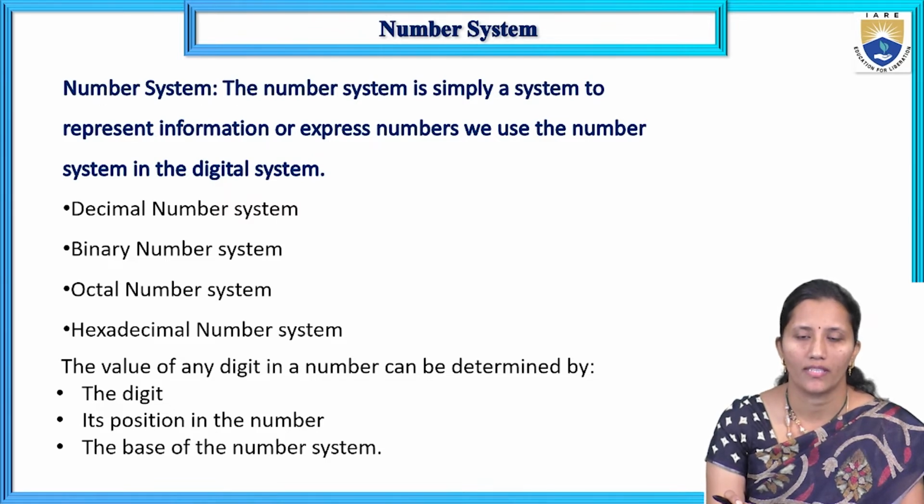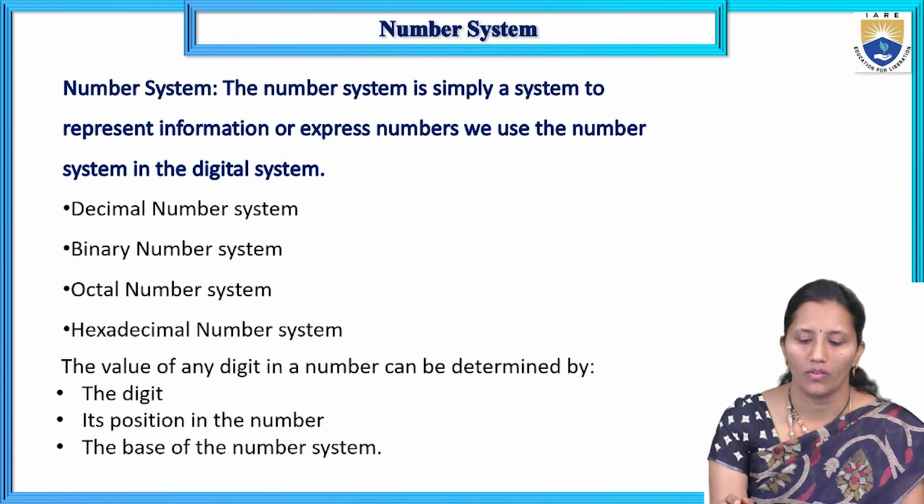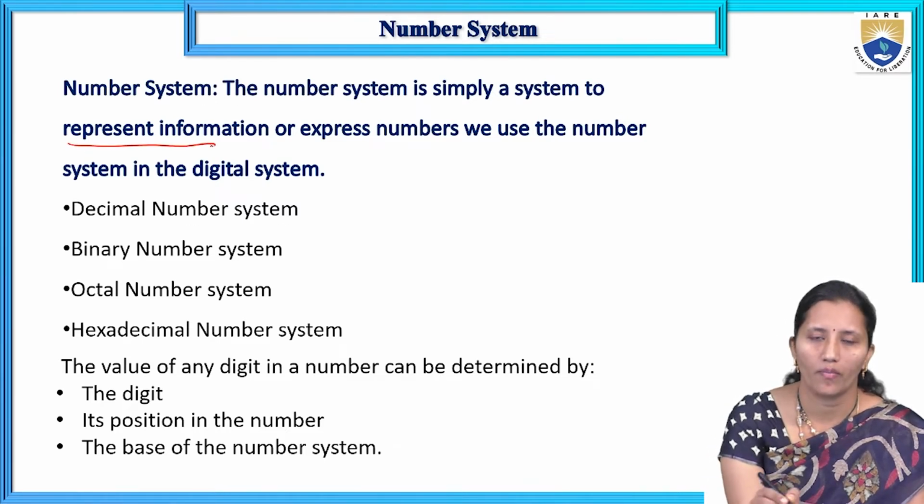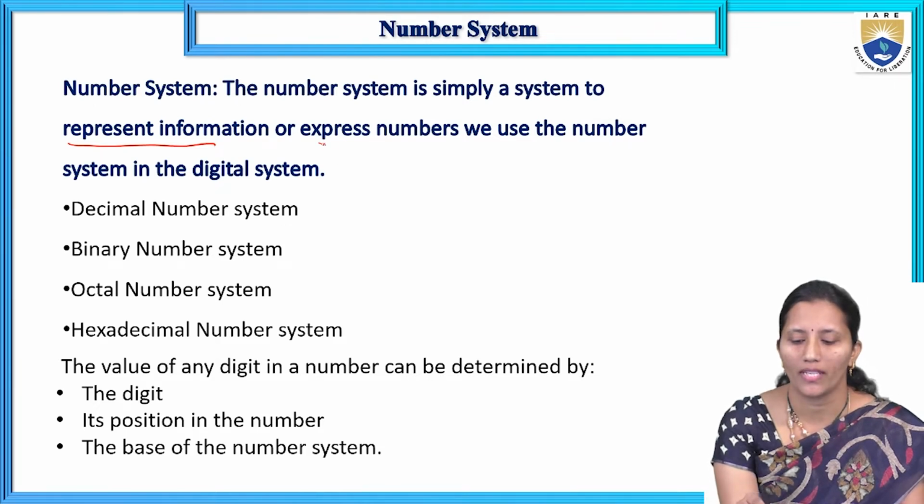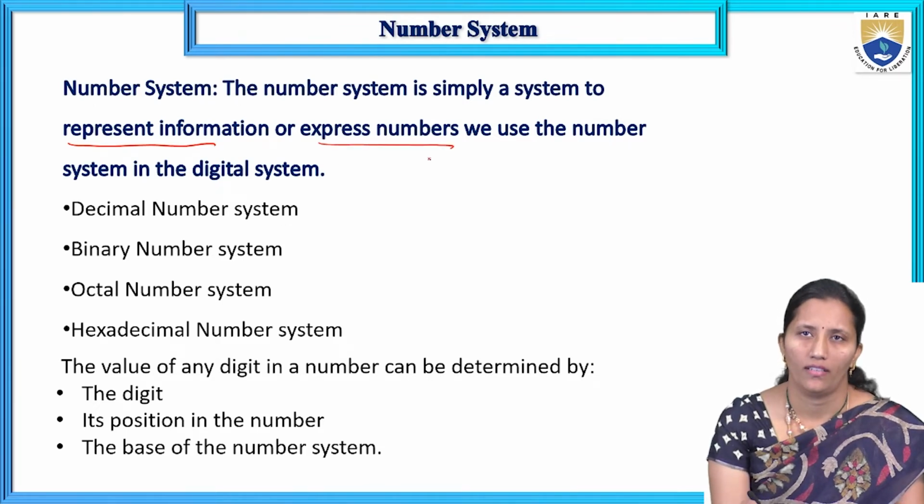So, what is a number system? The number system is simply a system to represent information or express numbers. We use the number system in digital systems to represent information or to express numbers.